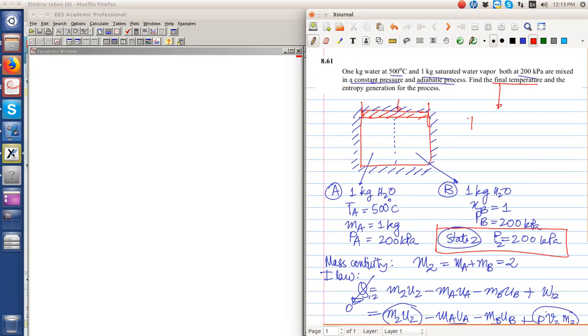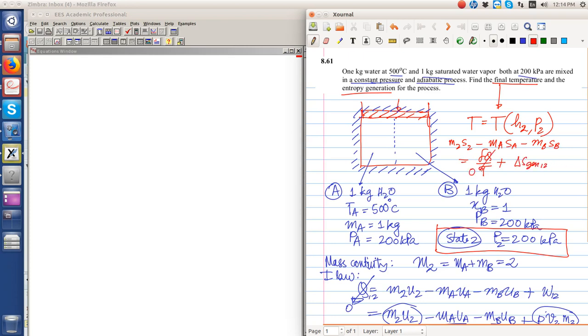We should find out the final temperature. The final temperature is a function of the enthalpy and the pressure. Similarly for the entropy generation: M2 S2 minus MA SA minus MB SB is the change of entropy, equal to del Q by T plus delta S gen 1 2, between 1 and 2.